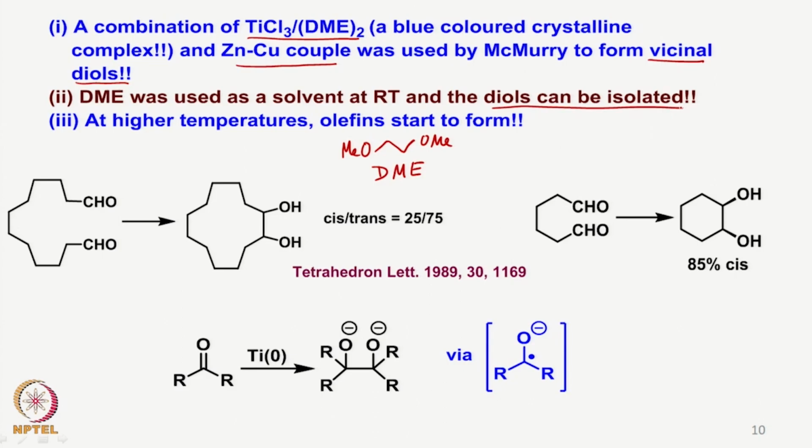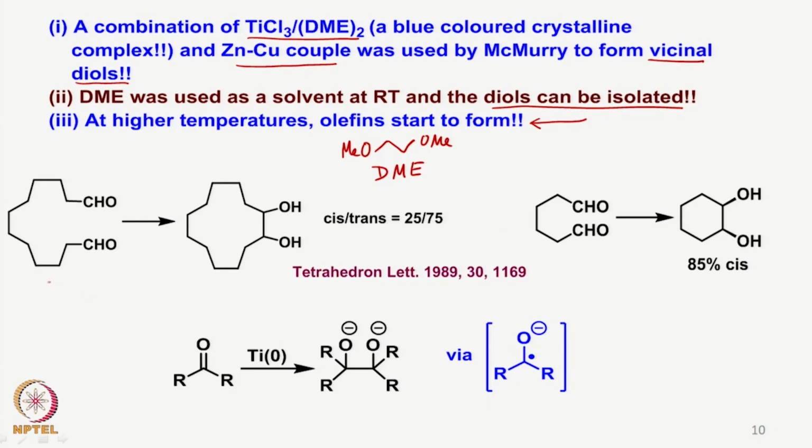At higher temperatures, the olefin starts forming. That means that during the coupling, once the radical anion is formed, the diols can form as intermediates, which decompose at high temperature.